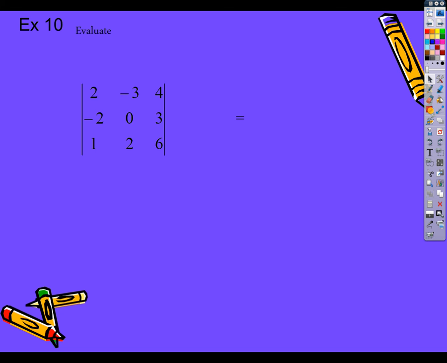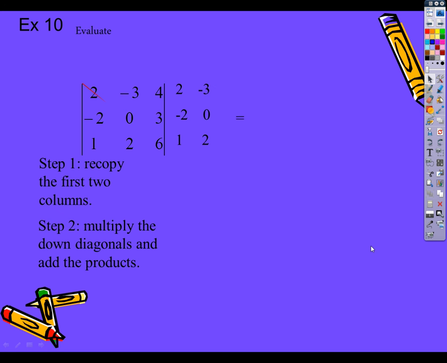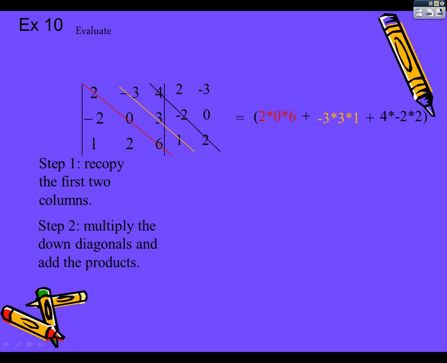So we're going to add up the sum of all 3 of those downward sloping diagonals. Okay, so it looks like 2 times 0 times 6 plus -3 times 3 times 1 plus 4 times -2 times 2. And then I'm just going to subtract from that number the sum of all the upward sloping diagonals.